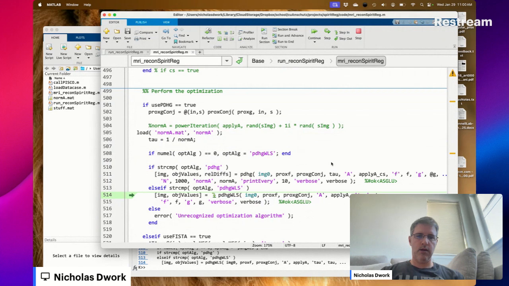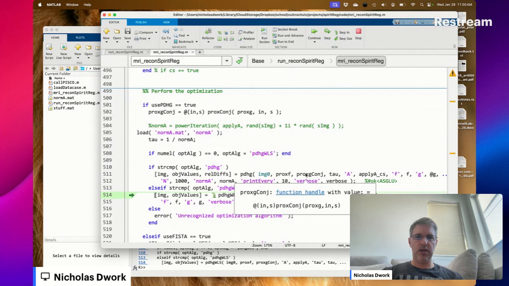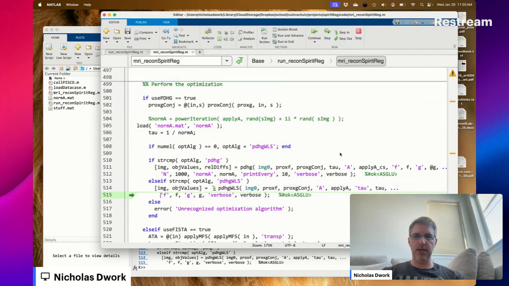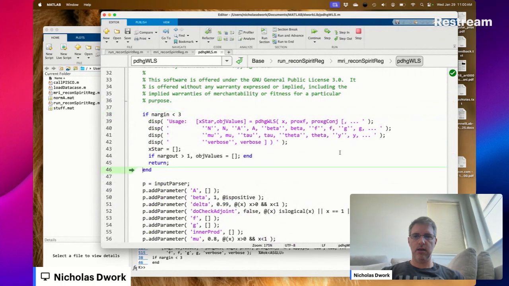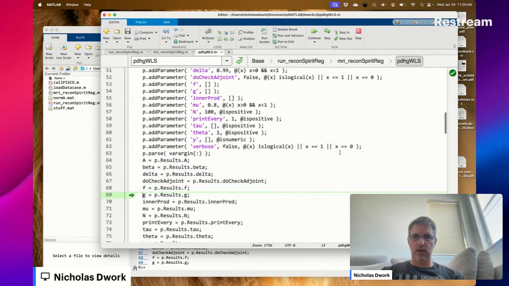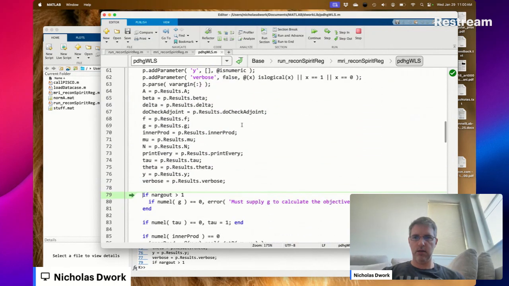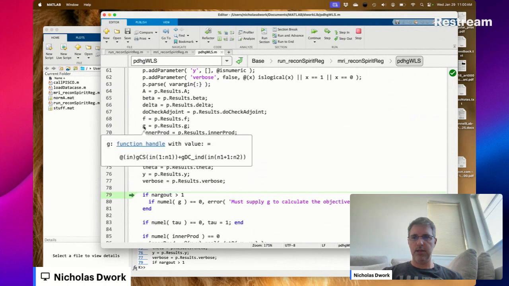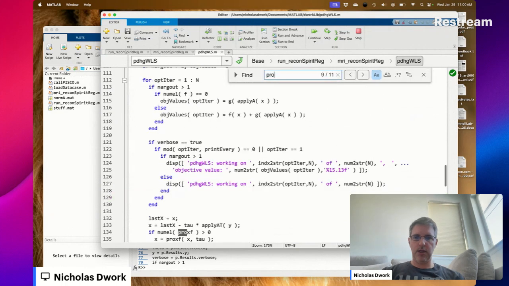Okay. Prox F is empty and prox G is not. Let's see what F is. Empty. And G? So where does prox F get called?